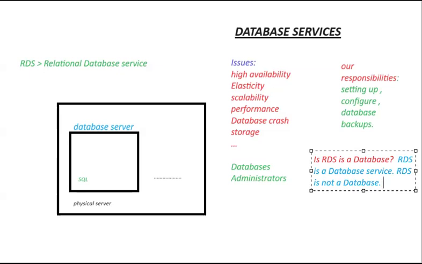Based on whatever engine we choose, this RDS will provide us database instances. So this RDS is a service which will provide you whatever you need. That's it. Remember, this RDS is not a database.